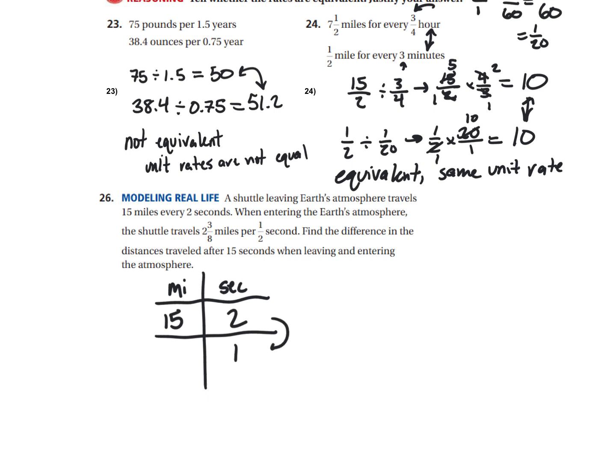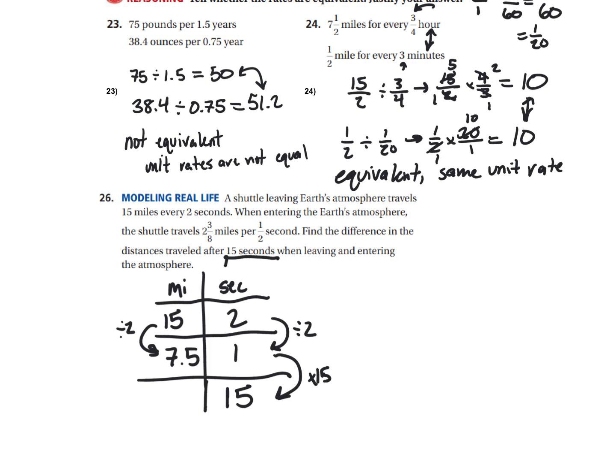And I can see here that this is just dividing by 2, meaning I can divide 15 by 2 to get my unit rate, how many miles per 1 second. Okay, 15 divided by 2 is 7.5. Because now I have a unit rate and I know I'm looking for 15 seconds, I can plop that in right here and say, oh, look at this, this is times by 15.